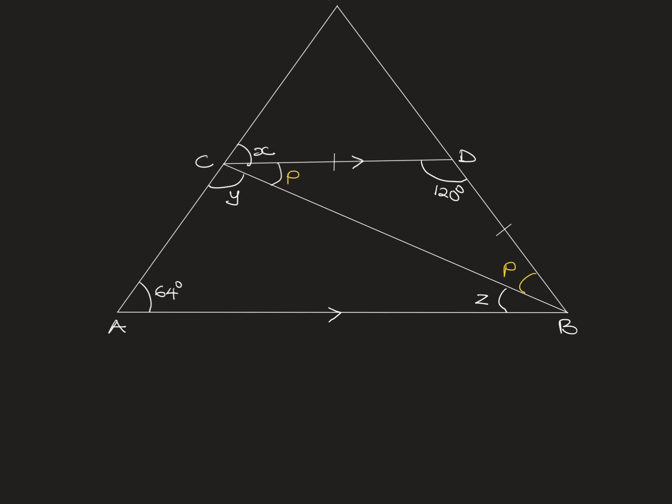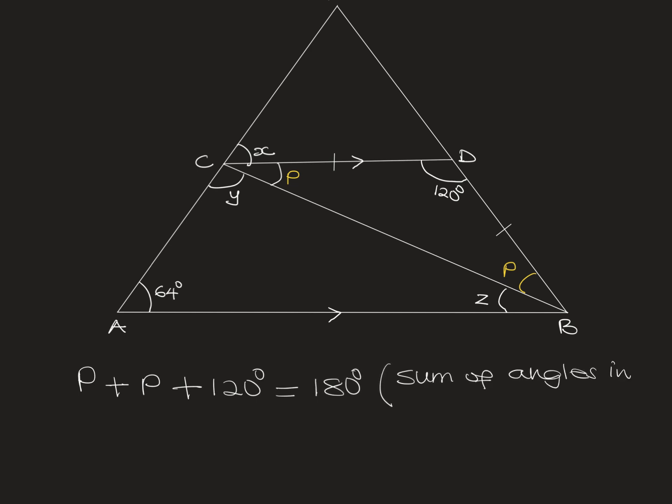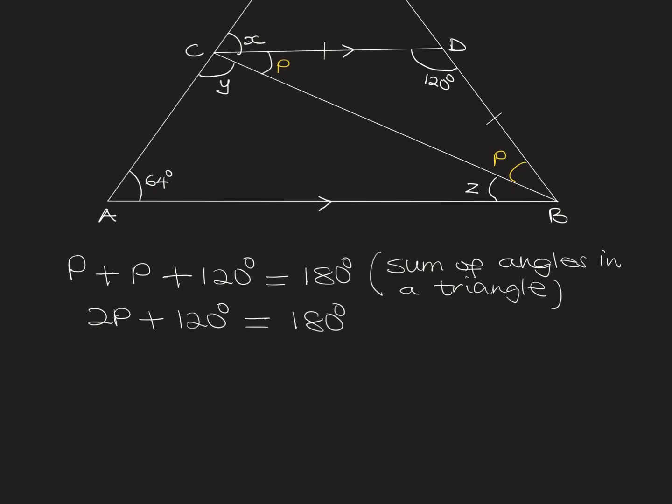I will say P plus P plus 120 degrees is equal to 180 degrees. Why? Because sum of angles in a triangle. So that will be 2P plus 120 degrees is equal to 180 degrees.